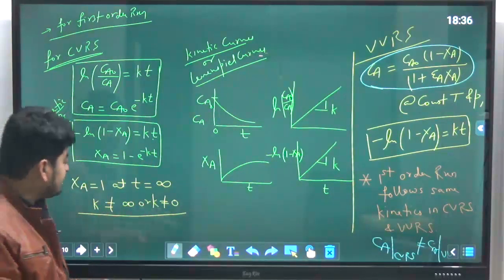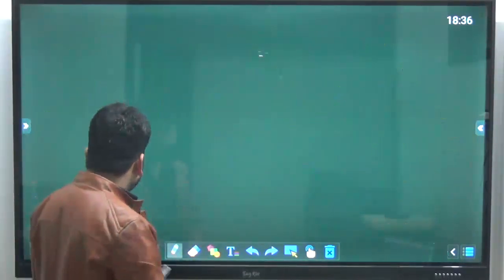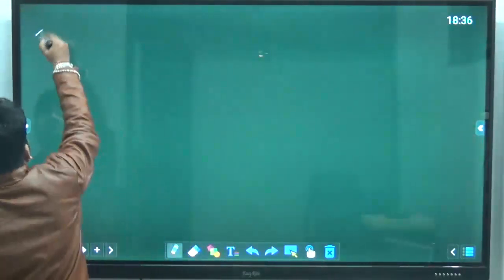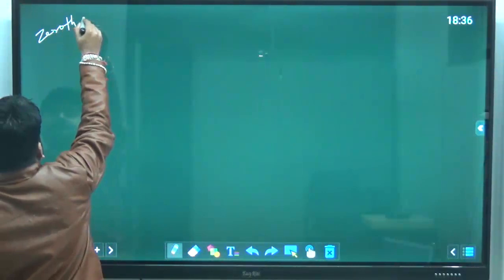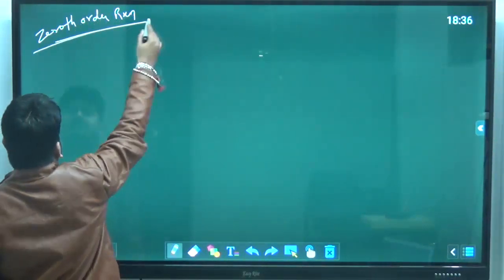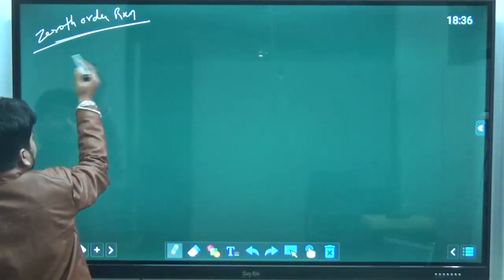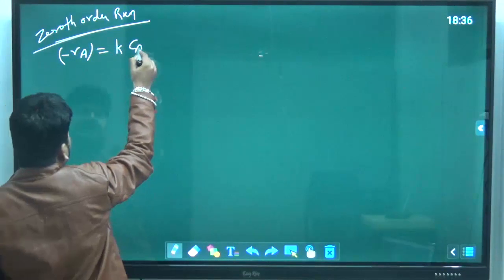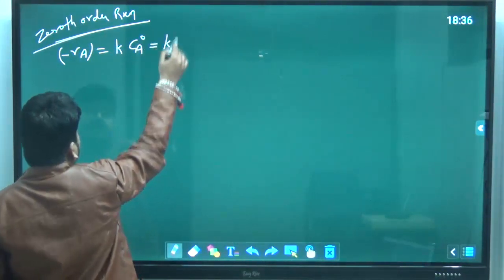Okay, now let's talk about the zeroth order reaction system. Zeroth order reactions are those in which rate of reaction is equal to K Ca power 0, that is K only.